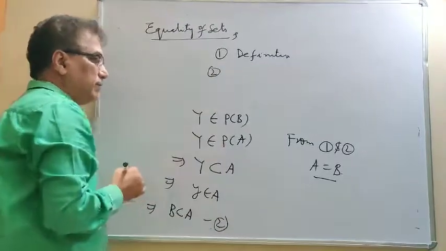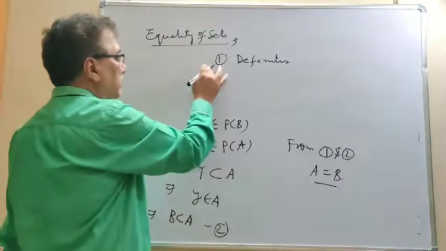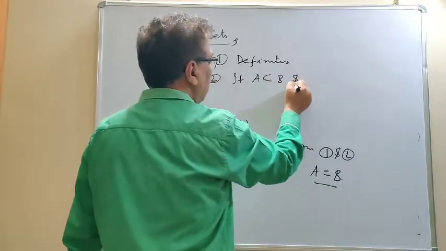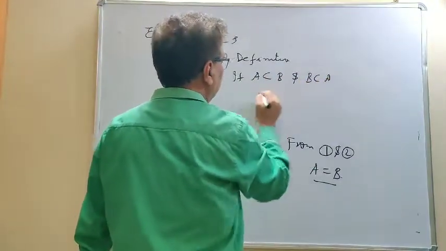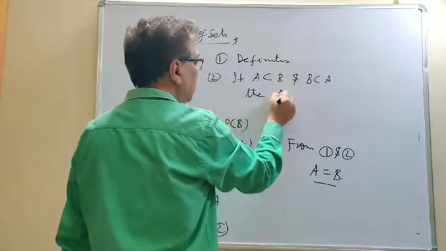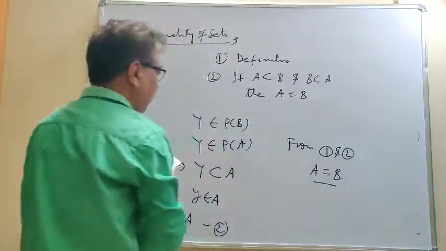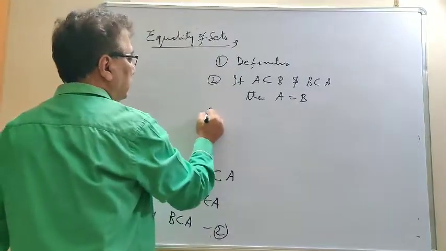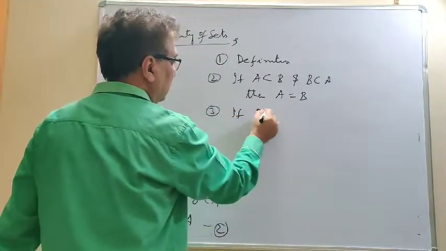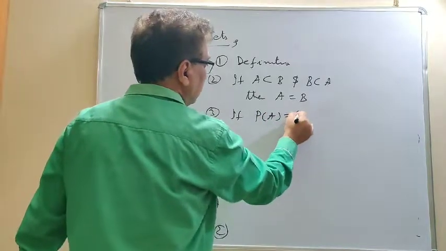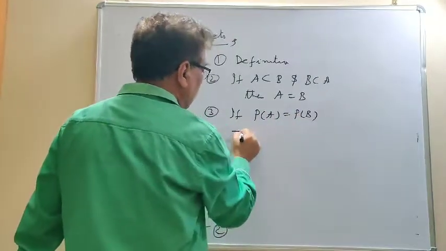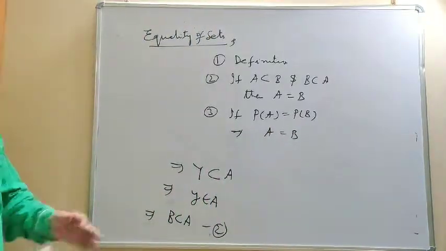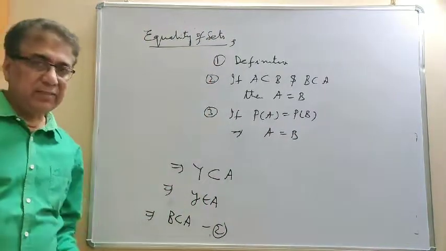Second, we have seen that if A is a subset of B and B is a subset of A, then A is equal to B. And now we have seen that if the power set of A is equal to the power set of B, then also A is equal to B. So we can prove two sets equal by these three methods.